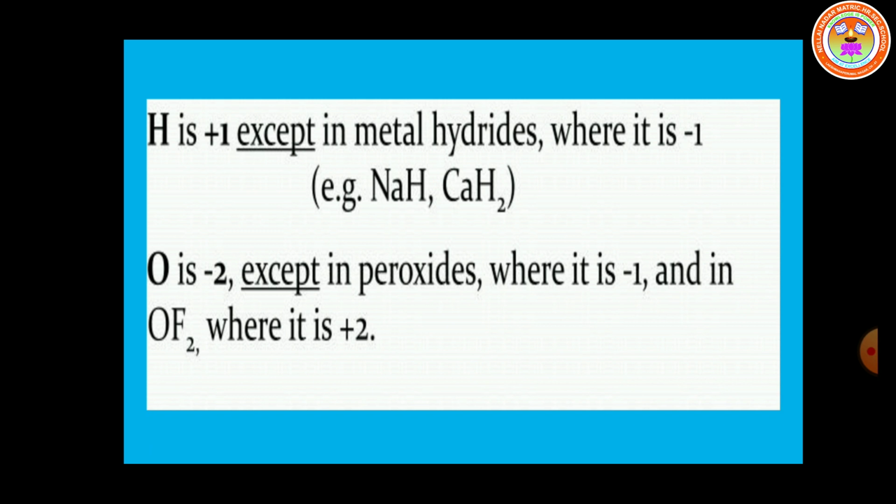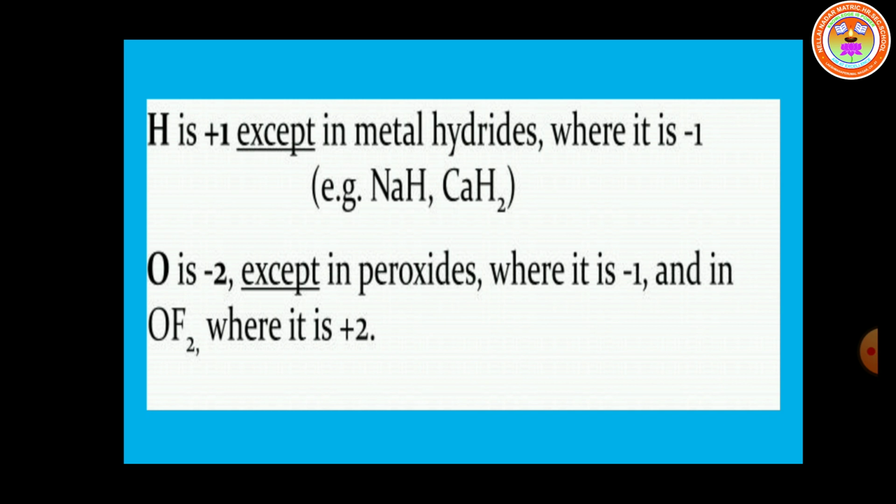But except in metal hydrides, because in metal hydrides the oxidation number of hydrogen is -1. So except metal hydrides, in all remaining compounds the oxidation number of hydrogen is +1. And the oxidation number of oxygen is -2, but except in peroxides, because in peroxides the oxidation number of oxygen is -1.